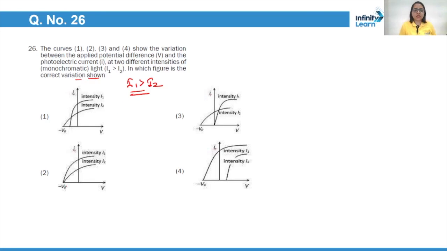So, stopping potential will be same for all the values of intensities, and photoelectric current is directly proportional to intensity. So in this graph you can see that for I1 intensity, which is more, photoelectric current is more. In this case, it is less. So correct answer is option 2.